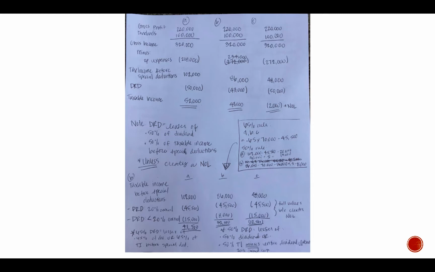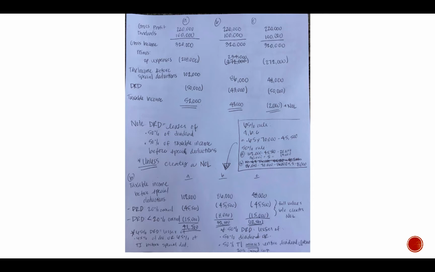All right, so in Part A, the 50% of the dividend is easy. It's $30,000. So half of that is $15,000. To apply the second limit, 50% of taxable income minus the entire dividend from the 20% owned corporation, we would take $102,000 and we would subtract $70,000. So that is going to be $32,000.